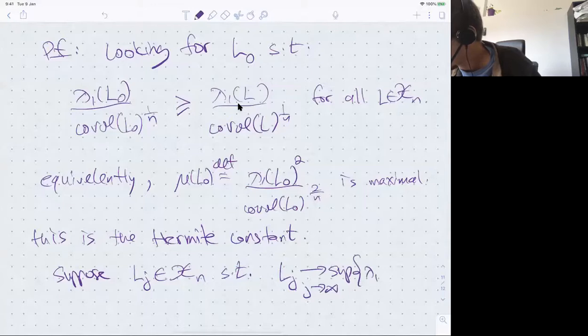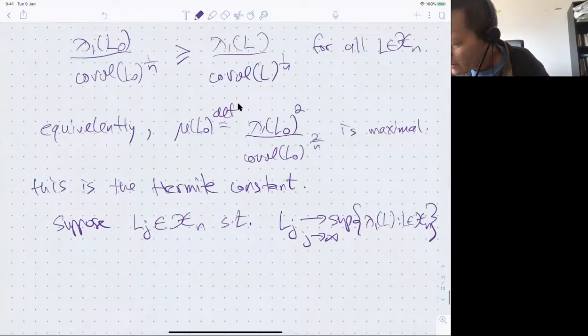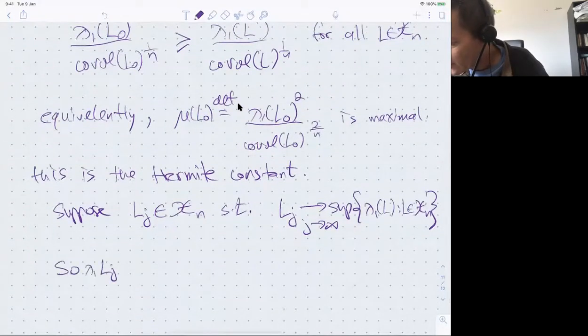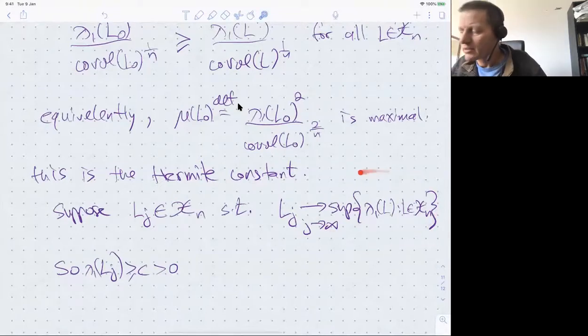So they're coming closer and closer to achieving this sup. So I want to show that they converge, and the lambda i's are obviously bounded below, because they're converging to this number, which is a positive number.